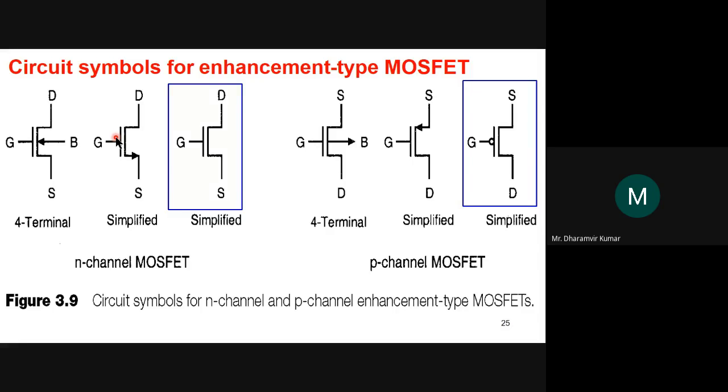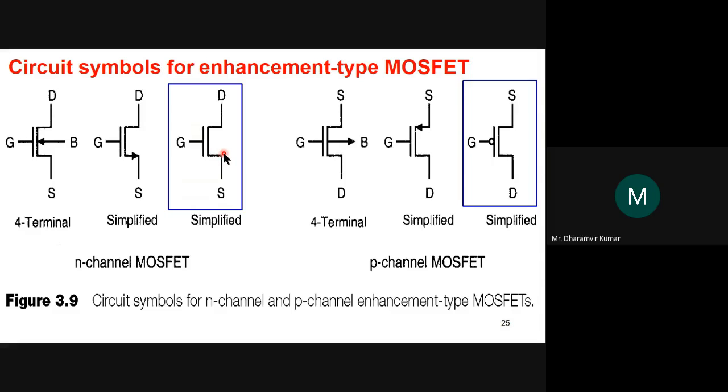In many cases you will see that even this arrow is dropped. There is no necessity of drawing the arrow. It becomes even simpler, just this structure and the gate, because we know that the source and drain terminals can be used interchangeably. This is a symmetrical structure. But one point should be kept in mind: the body terminal and source terminal are connected to the same potential.